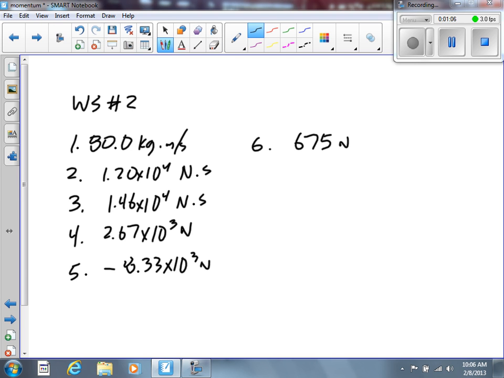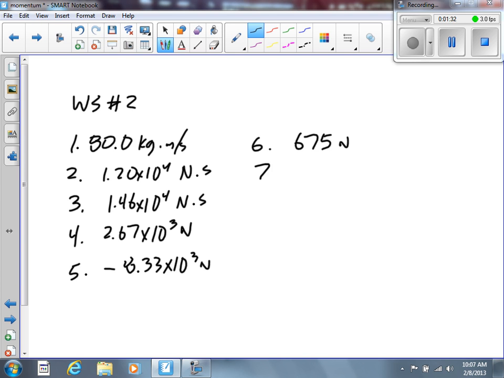Now that could have been a negative value depending upon which way you defined as positive and which way you defined as negative. I defined the positive direction as away from the soccer player and the negative direction is toward the soccer player, so therefore I got a positive value for the force. Had you defined it opposite to that, you would have got a negative 675, but the magnitude would have been exactly the same.